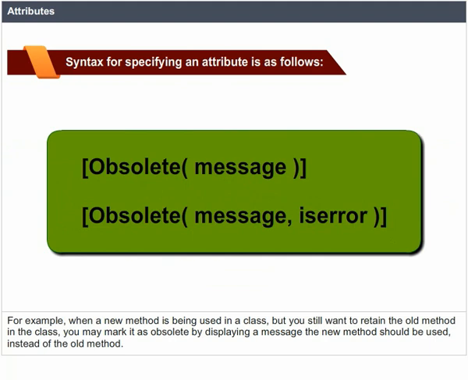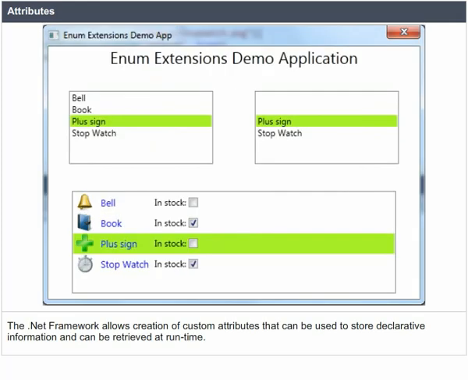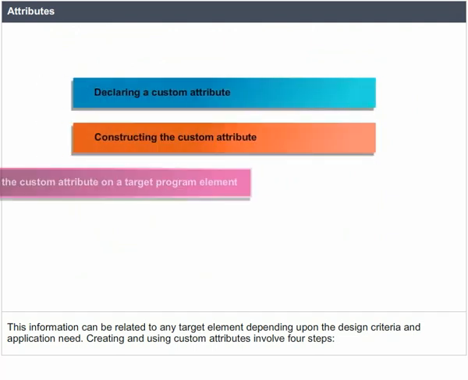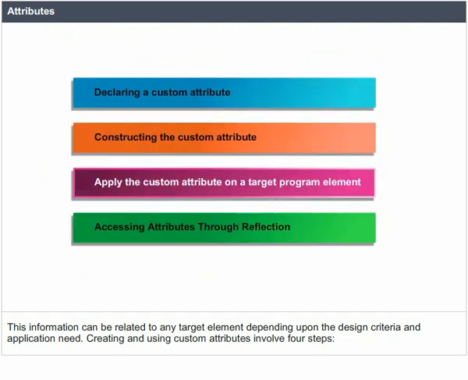Attributes. The .NET Framework allows creation of custom attributes that can be used to store declarative information and can be retrieved at runtime. This information can be related to any target element depending upon the design criteria and application need. Creating and using custom attributes involve four steps: declaring a custom attribute, constructing the custom attribute, applying the custom attribute on a target program element, accessing attributes through reflection.